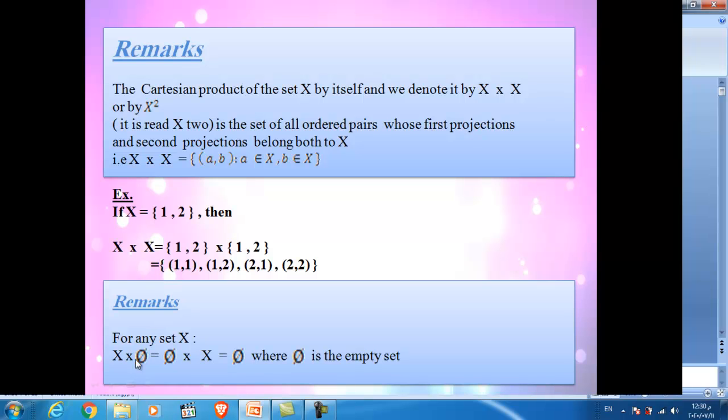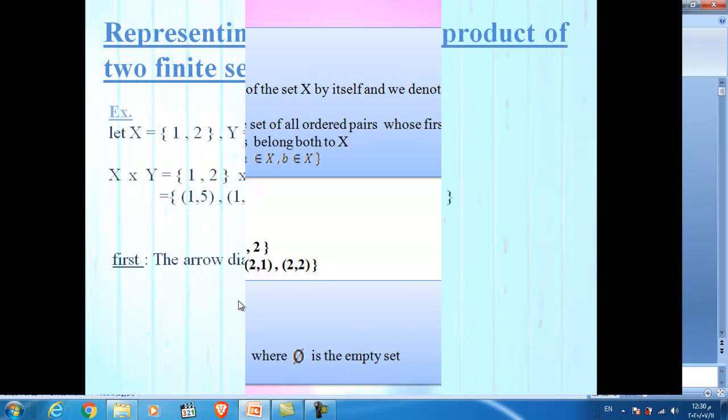Important remark: X times phi equals phi times X equals phi. So when you get the product of X times phi, the answer will be phi.